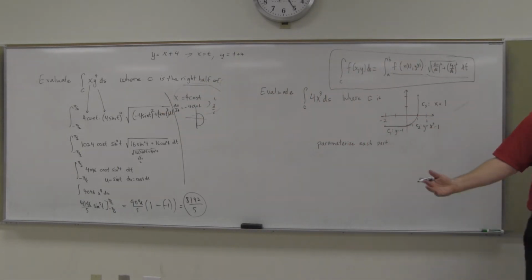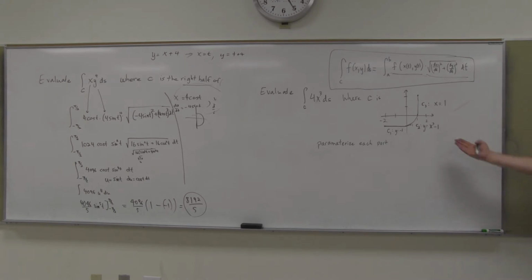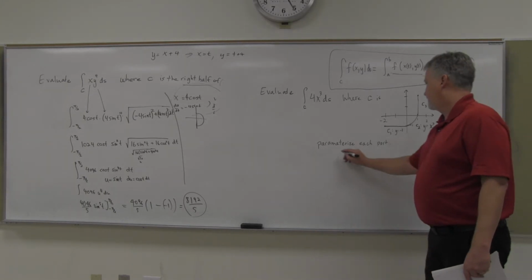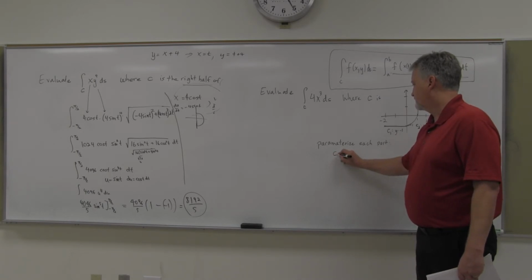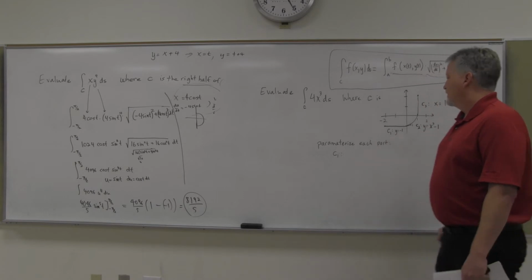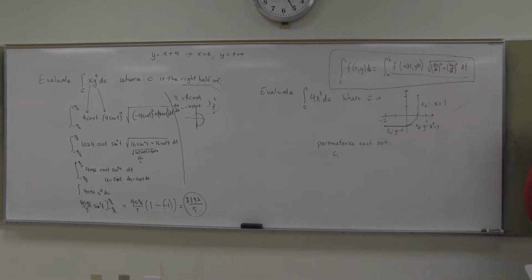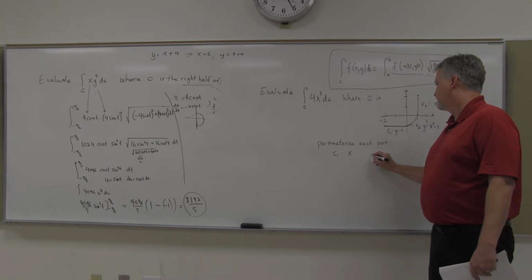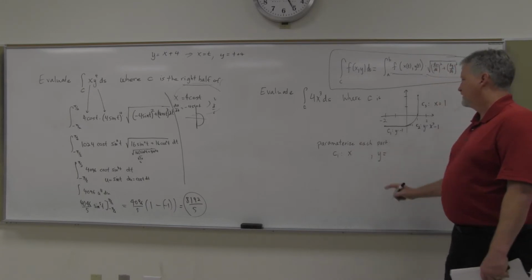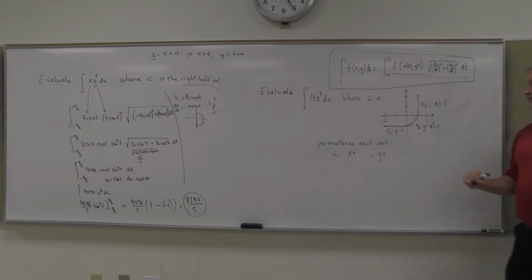In this case, we've got to parameterize 3 parts, and these are maybe a little easier than that first one. All right, so C1, writing that as a big one, but C sub 1. So what we're saying is, I need to write this as an x equal y equal function of t type parameter. Parametric equations.